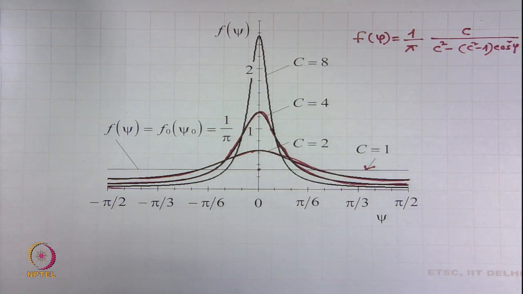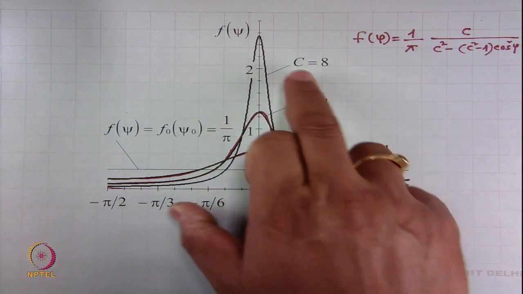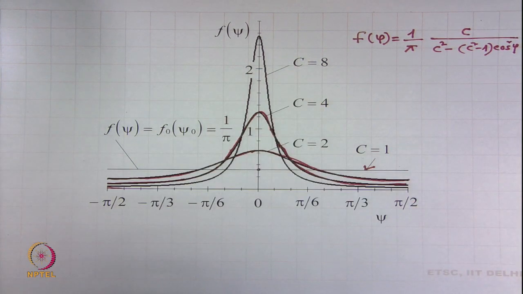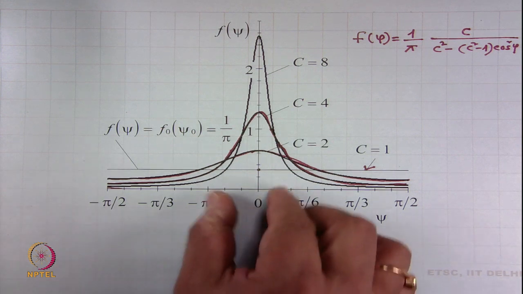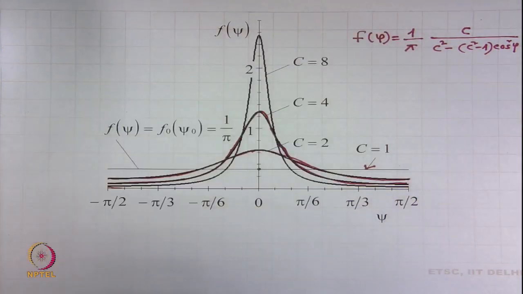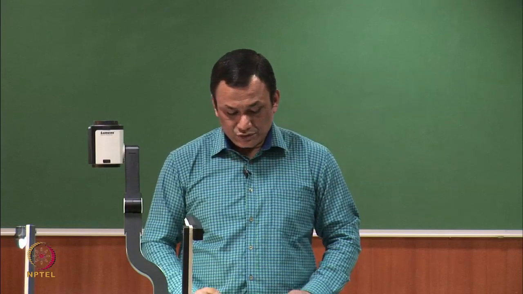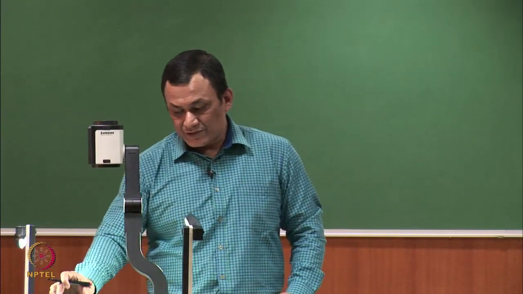So, as the measure of anisotropy C is increasing, the curve becomes steeper, indicating higher anisotropy. Right. So, this is the graphical behavior of this function.